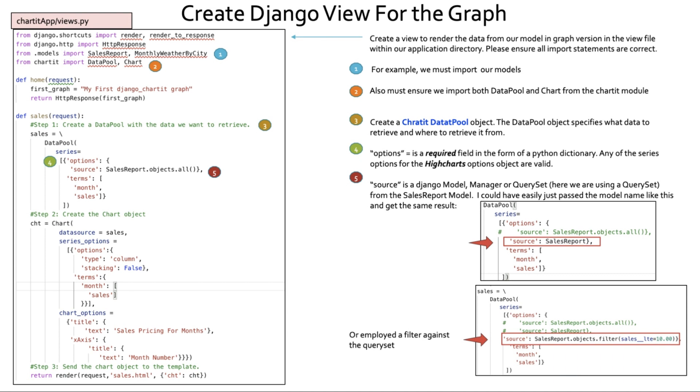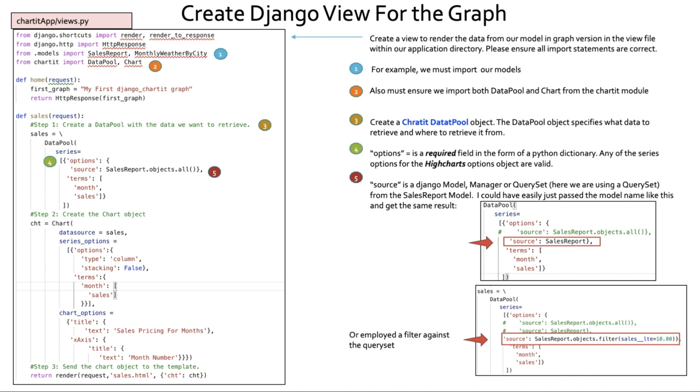The next thing we do is we will create in our view a Chartit DataPool object. The data pool object specifies what data to retrieve and where to retrieve it from. In our case, we're retrieving from our SalesReport database query, right? So that's a stock database query for our SalesReport table. So options here underneath series is a required field in the form of a Python dictionary.